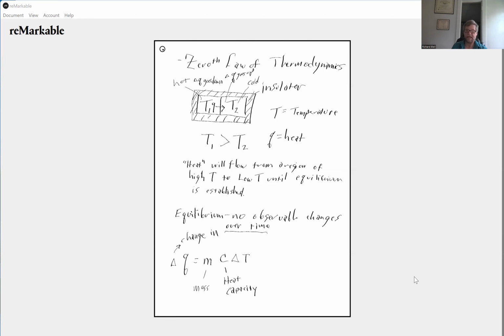Now, there are actually two types of heat capacity, depending on if you're holding pressure constant or volume constant. Usually we use CP, the heat capacity at constant pressure.